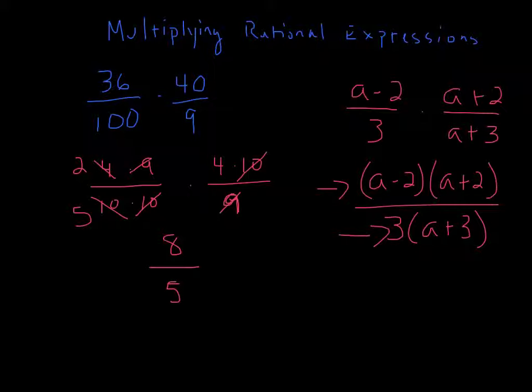So let's take a look at our first example. So we have negative 2 over 2y plus 6 times 3 over y minus 5. Okay, so we have negative 2 over 2y plus 6. So let's break down that 2y plus 6.